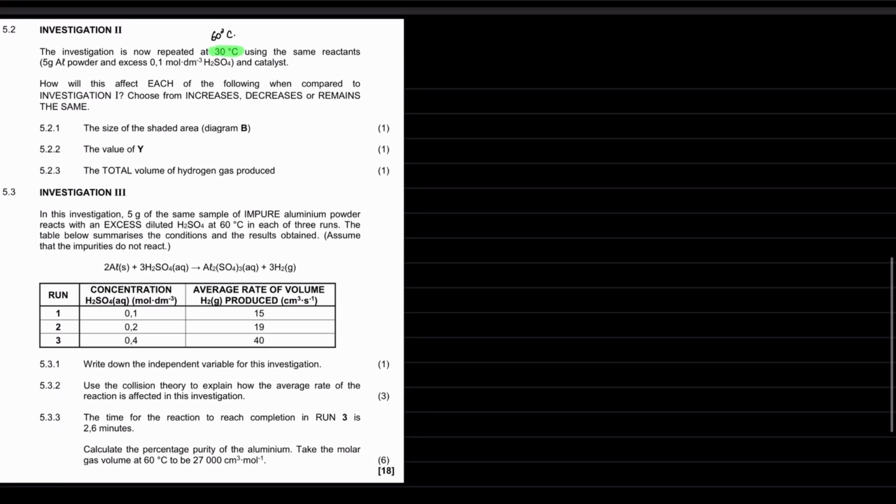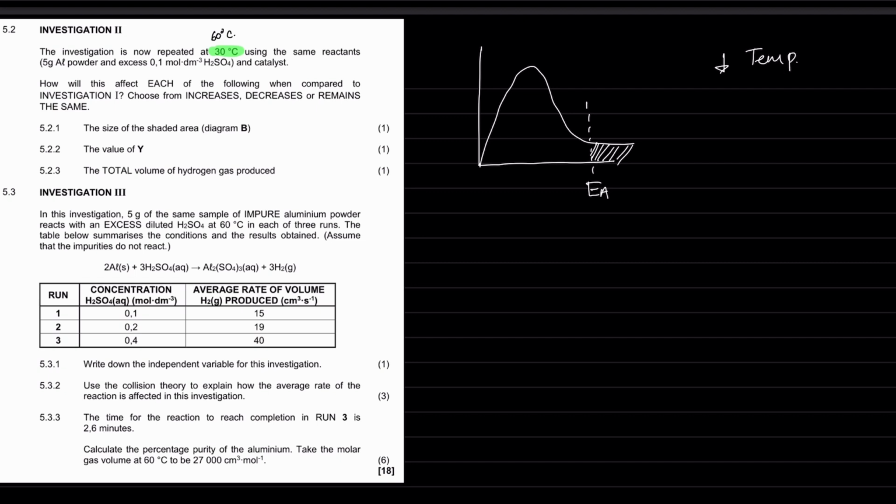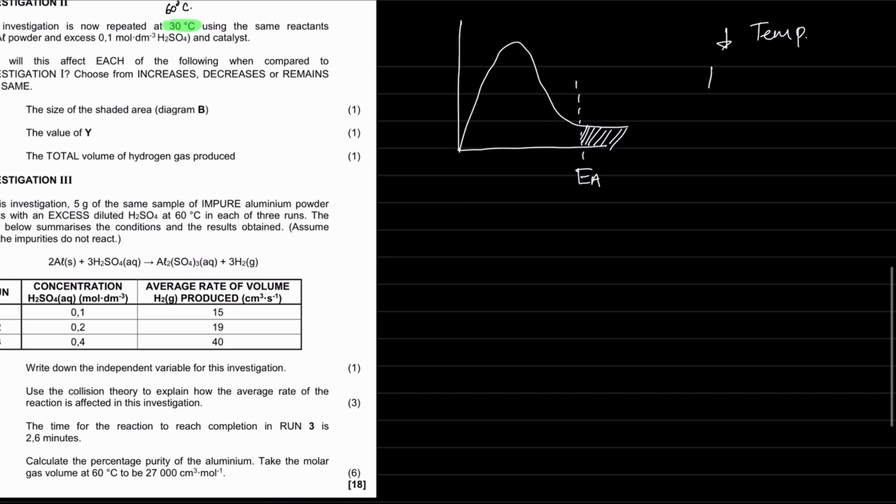So let's take a look at a Maxwell Boltzmann curve like this. Now, if that's my activation energy and this is the shaded region, if we decrease the temperature, it means that more particles are going to have less kinetic energy.